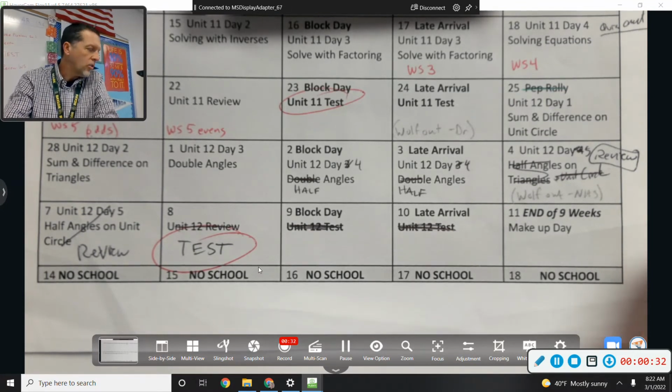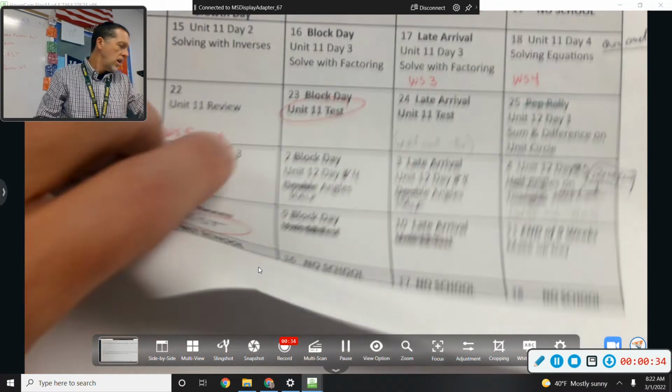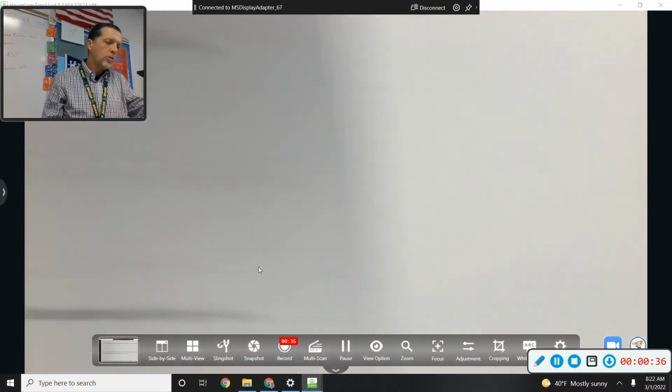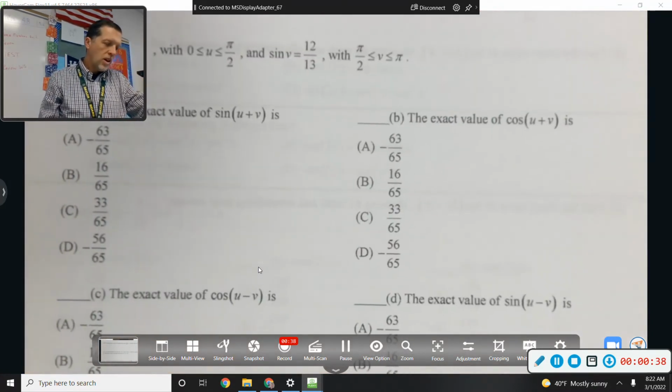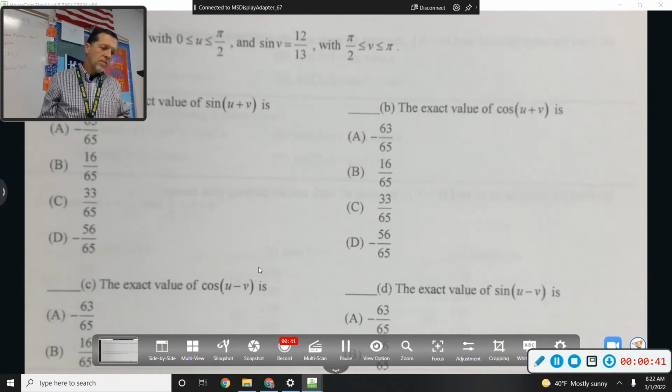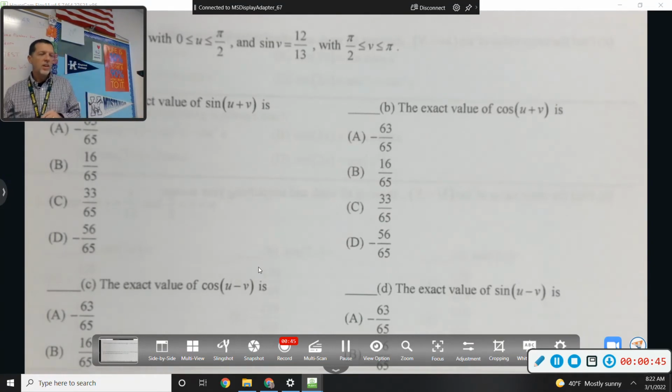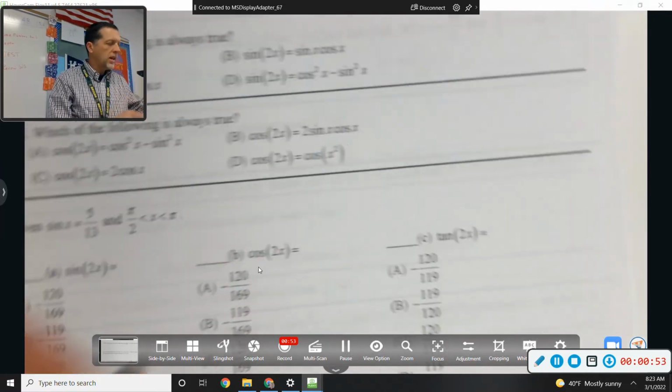Are there questions? What questions would you like me to answer from worksheet 2? The sum and difference with drawing pictures. Number 3? Yeah, B, number 3.